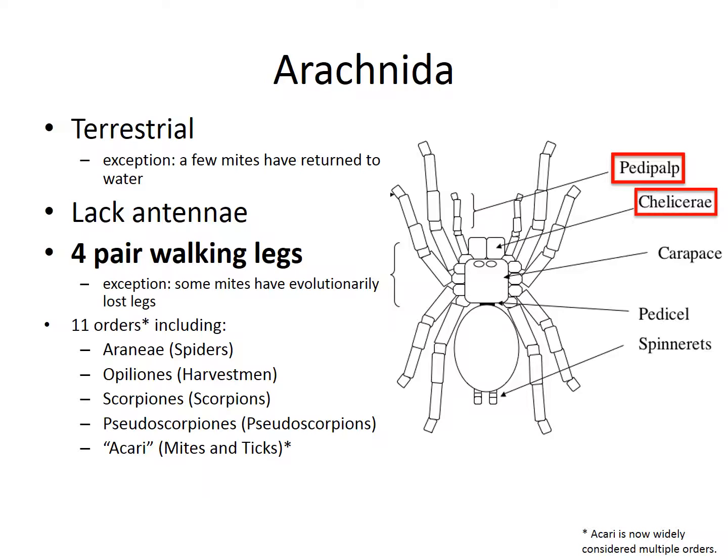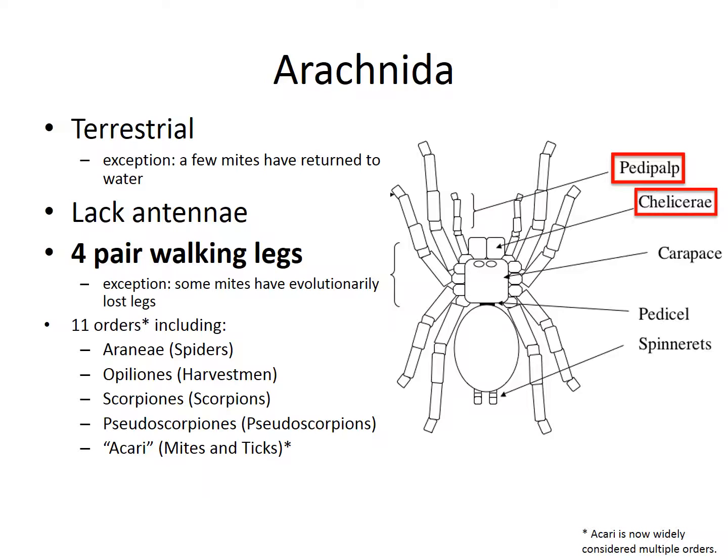There are 11 currently living orders, and I use that term lightly, of arachnids, and these orders include some familiar forms such as Araneae, which are spiders, or Scorpiones, which are scorpions. But there are also some other weird ones here and there that you may or may not have run into.